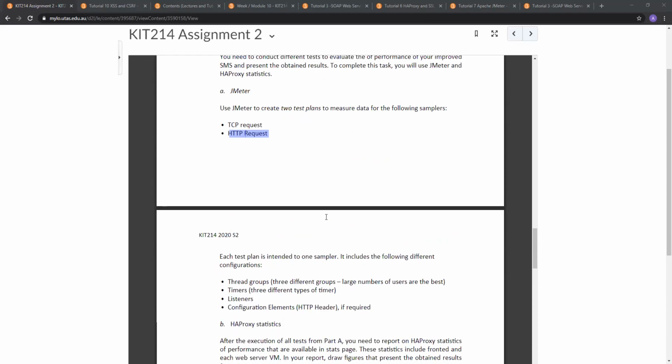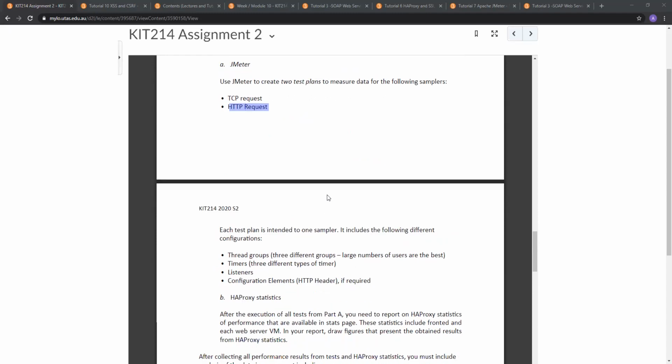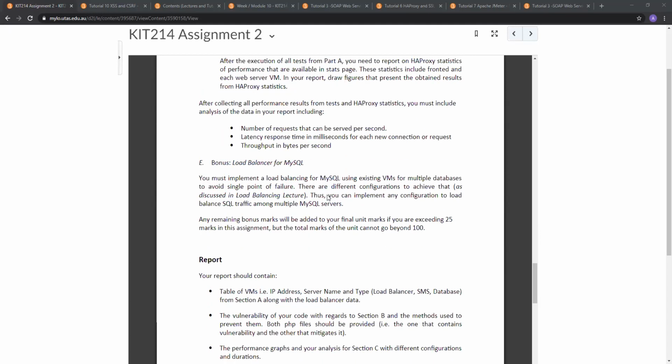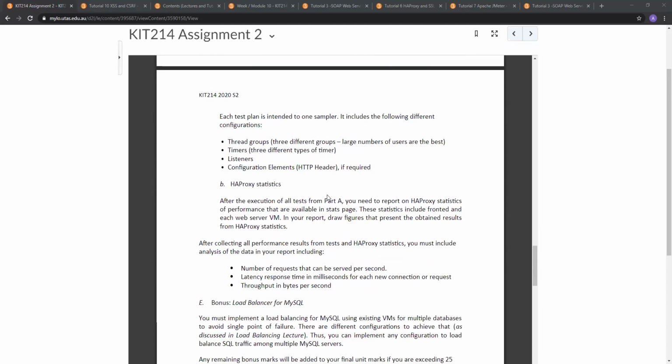That's a good point. To do TCP properly, you need to have a server that is running a specific TCP socket, and it runs something that is not HTTP, but some other kind of TCP socket. But anyway, you know how to do a TCP test if you really have to do it at some point.